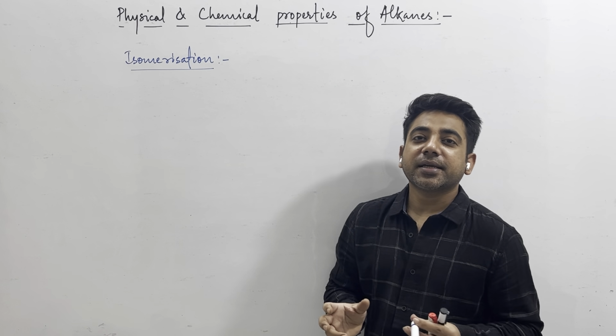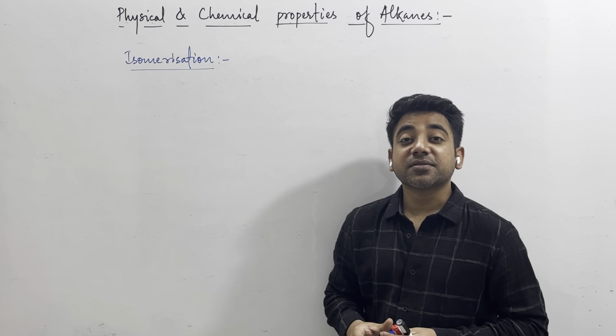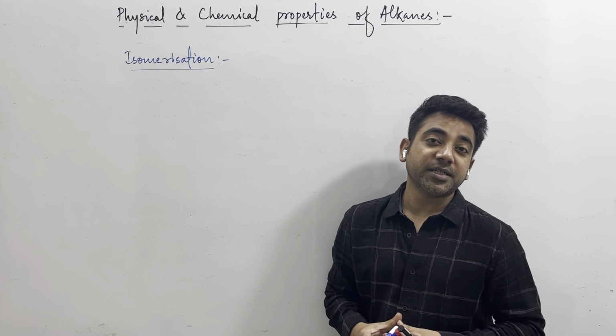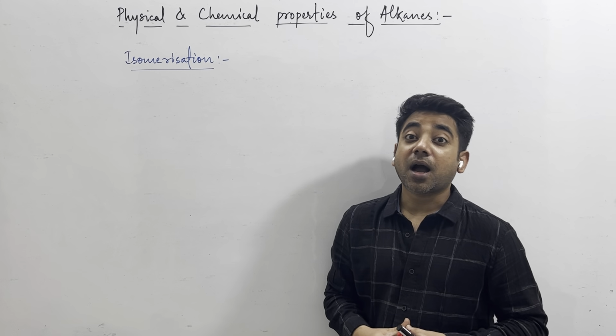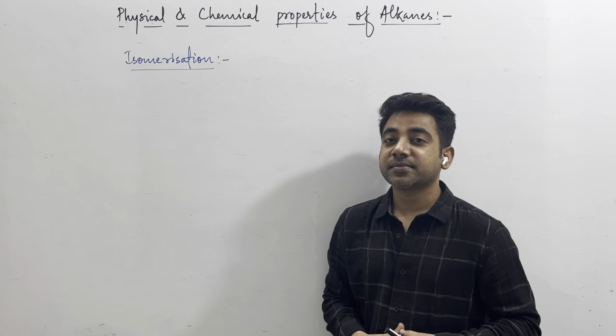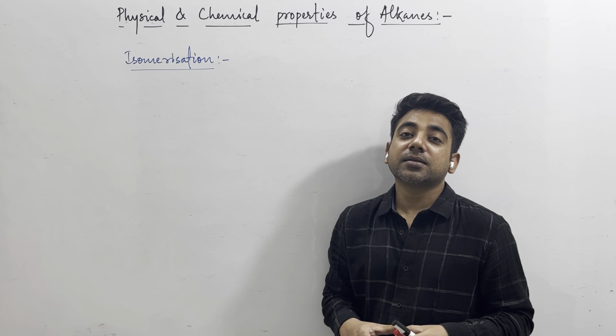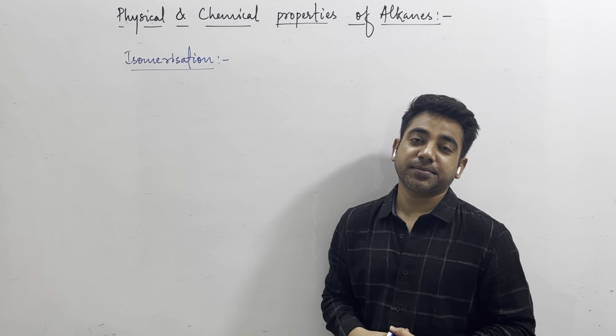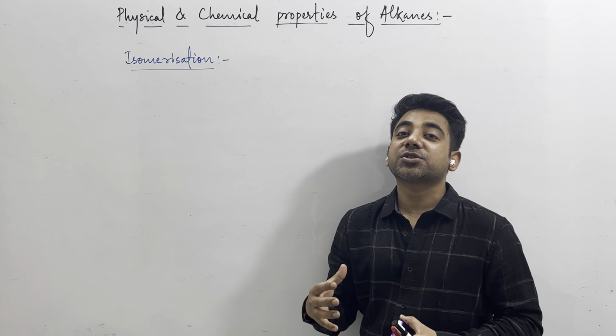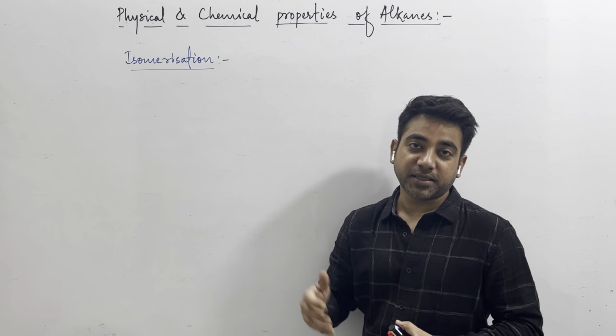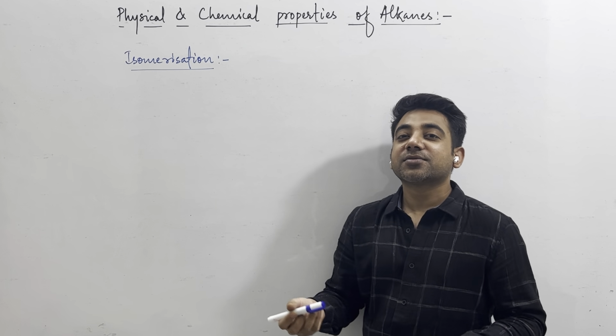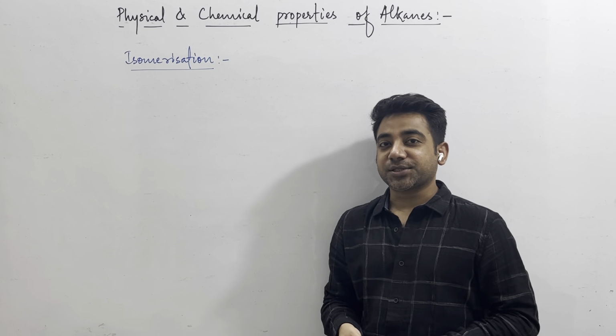So when a normal alkane is heated in presence of anhydrous aluminum chloride and hydrogen chloride gas, it undergoes branching, and that leads to the formation of isomers of the same alkane. That's why it is known as isomerization reaction.